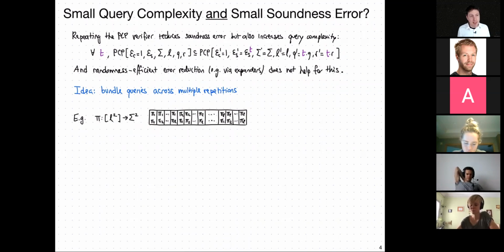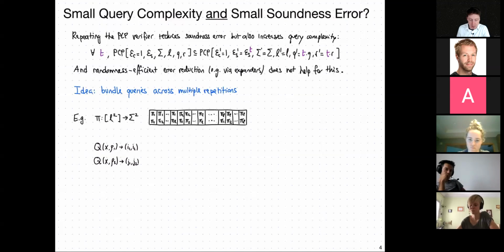Now the idea is that we're going to run the verifier twice, but we're going to access things in bundles, so we are not paying for the extra queries. So it would look something like this. Let's say that I'm running the query algorithm on one randomness and the query algorithm on some other randomness. This is going to determine two pairs of indices for the two queries that I would run in one repetition and in the other repetition. I break up these indices and I construct pairs of indices.